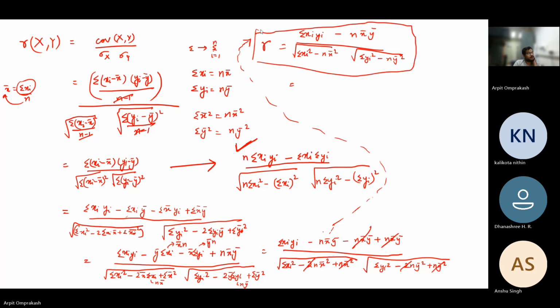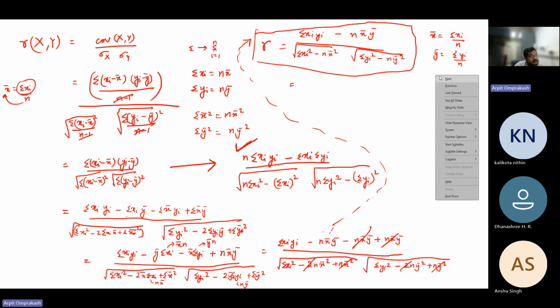Right. Now, in this formula, so this is one formula, and in this formula, what we can do is basically to remove these mean terms, we can just substitute. So x bar will be equal to summation of xi by n. Y bar is equal to summation of yi by n.